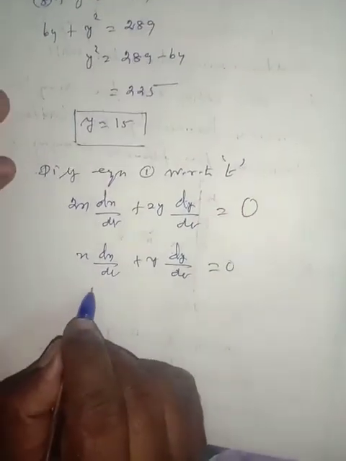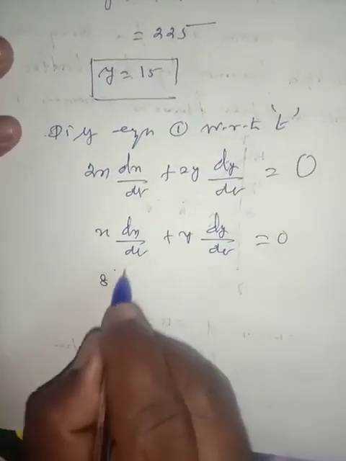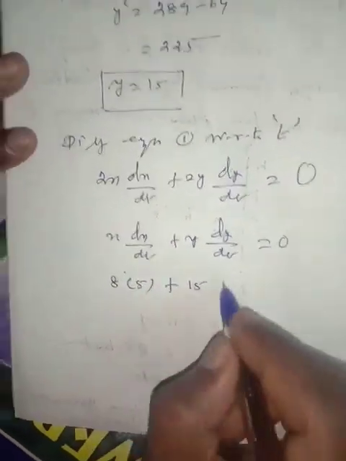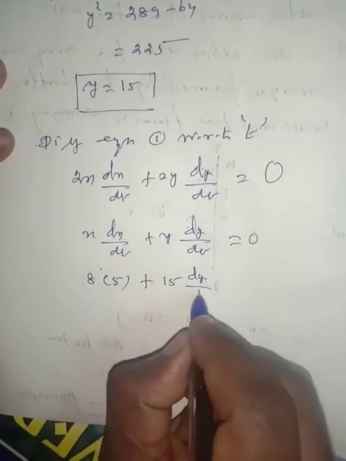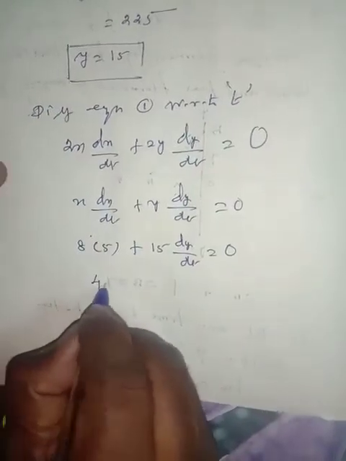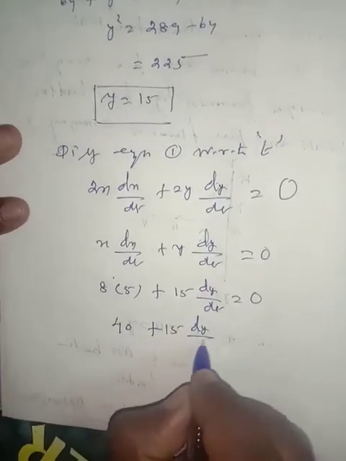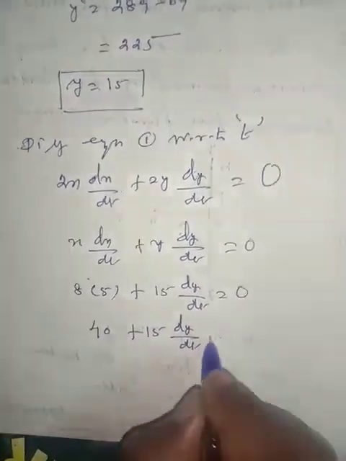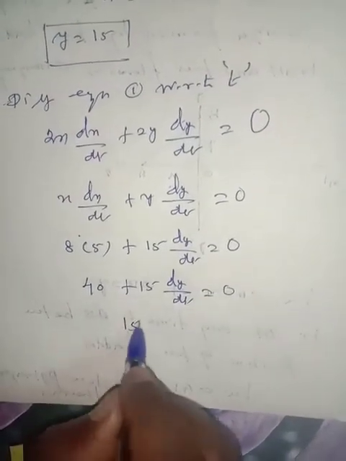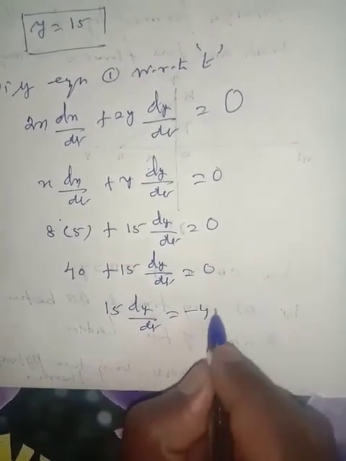Given x is equal to 8, y is 15. Therefore 8 into 5 plus 15 into dy by dt is equal to 0. 40 plus 15 dy by dt is equal to 0. 15 dy by dt is equal to minus 40.